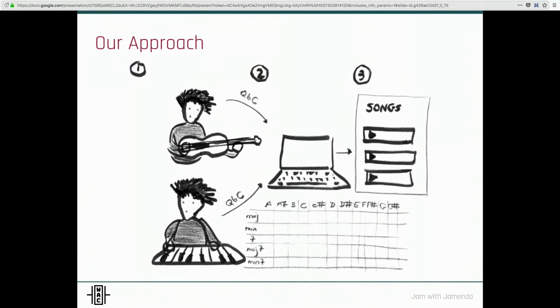And then the web app retrieves a set of songs from a database, in this case Xambó, that we will explain later. And then the music learner can play along the chords that she or he knows as the song plays. And also the user can get more information if she wants by going to the Xambó website.